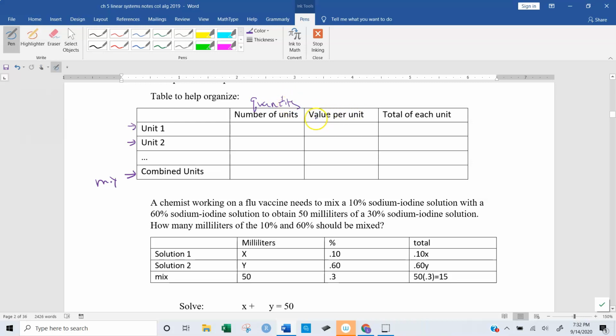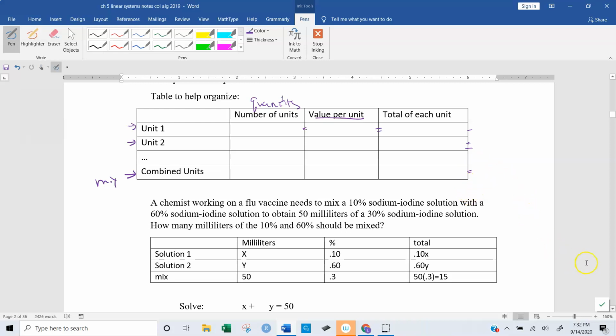And here is value per unit. And this can be anything from dollars to percent to whatever they are doing. And the total is when you multiply these two together. So you multiply these to equal this. And then you take the total, the first line, plus the second line and the third line and so on, and that equals your bottom.